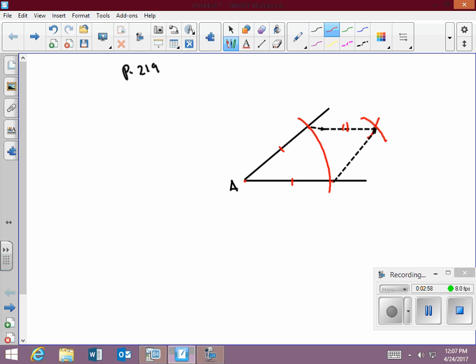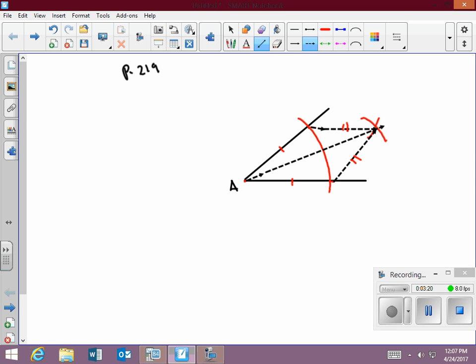Then you would connect A out to the intersection point.